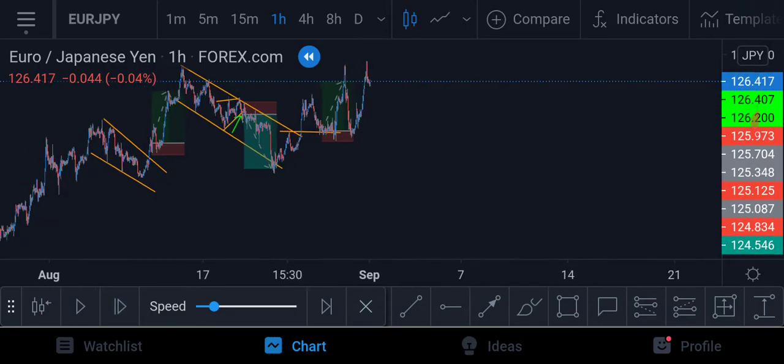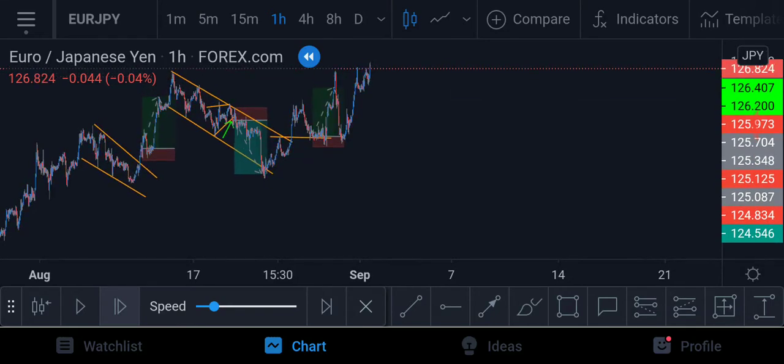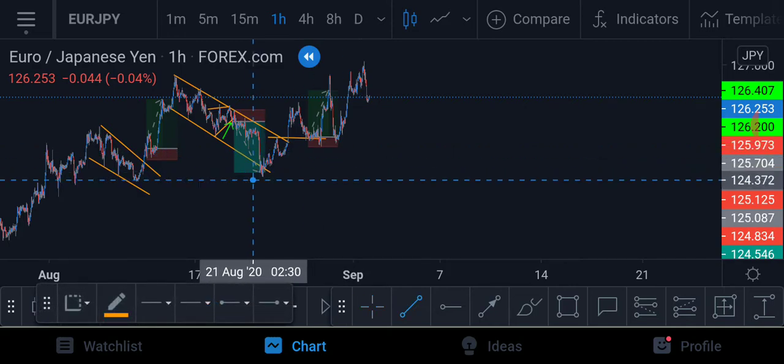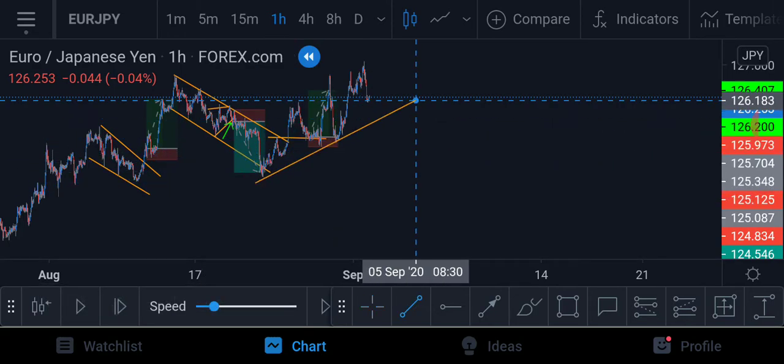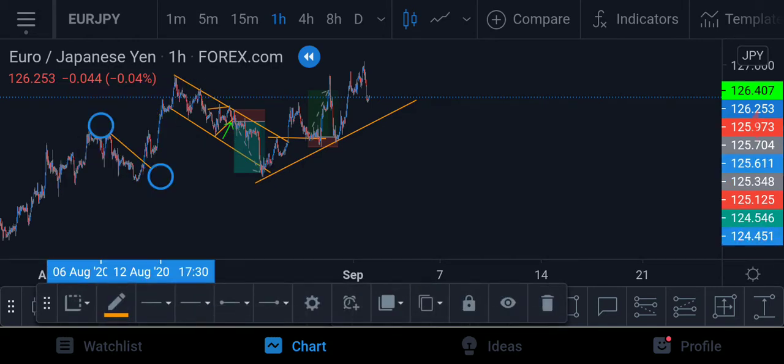Yeah, price is now making higher highs and higher lows. I am deleting these patterns now for a clear view.